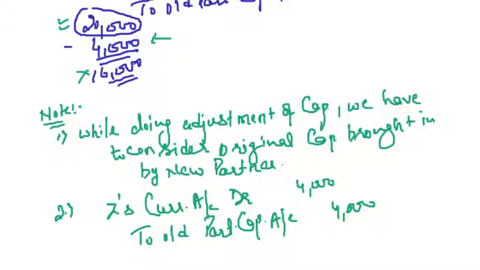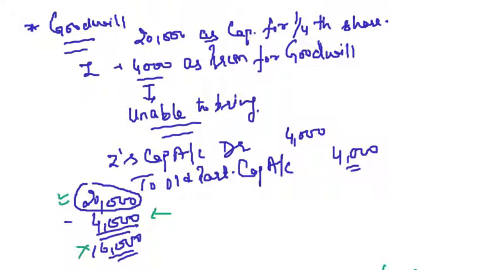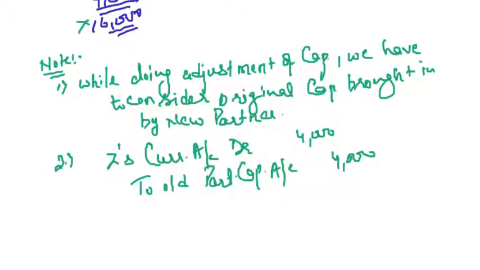Clear? So this is a special case of goodwill only, that if the new partner is unable to bring his share of goodwill, we have to make that adjustment of premium for goodwill, the share that is not being brought by the new partner, the adjustment will be done through current account and not the capital accounts. Make a note of this. This is very important. Here it is a current account, old partners' capital accounts.